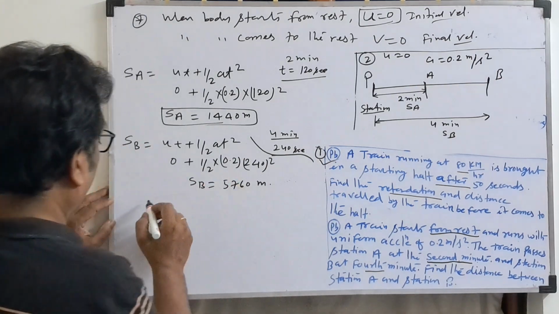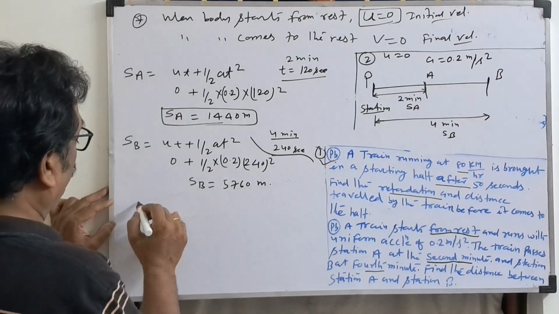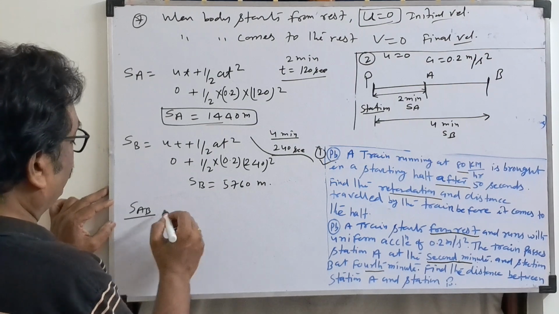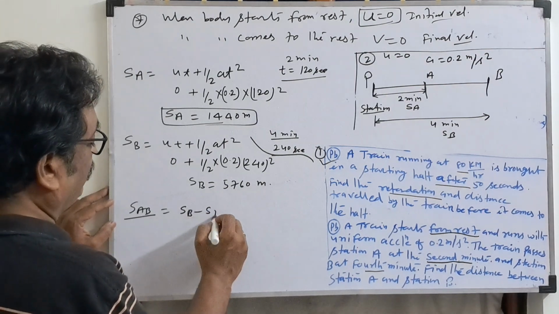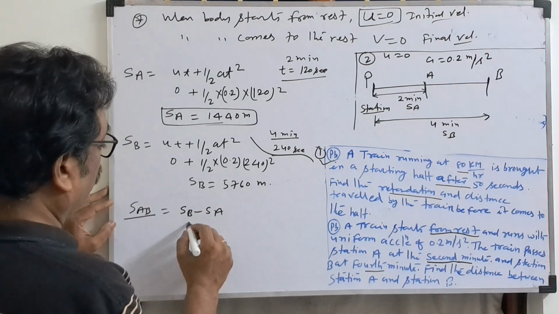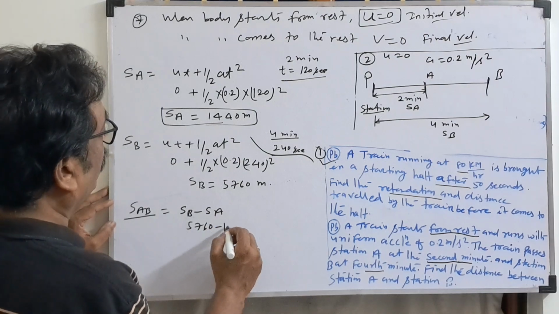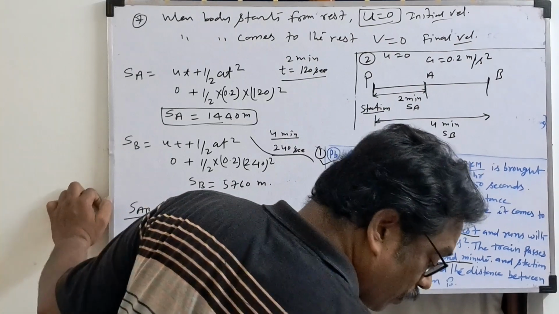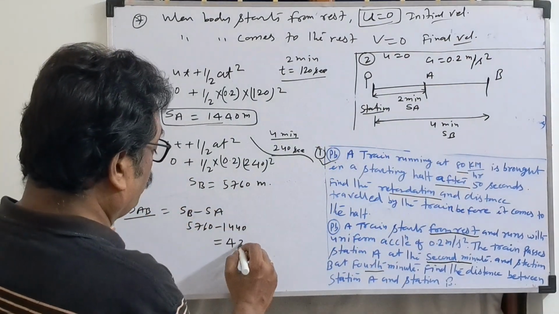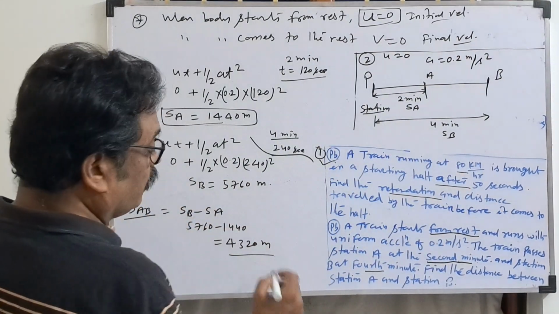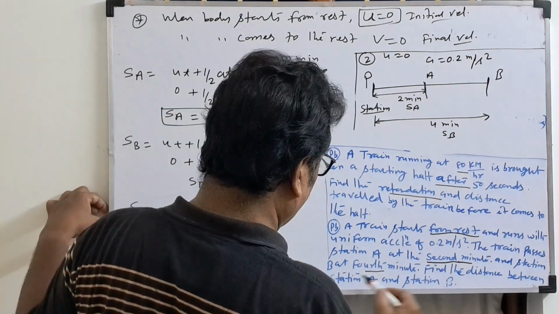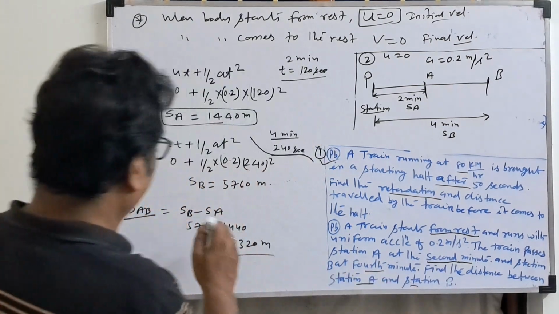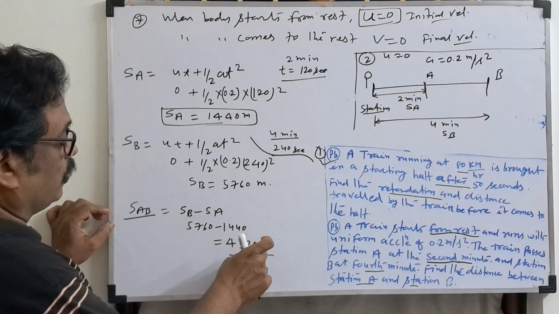Now, if we want the distance AB, what is SB minus SA? SB minus SA is 5760 minus 1440. This total distance will come 4320. So 4320 meter. What they are asking? Find the distance between station A and B. Station A and B distance is 4320 meter.